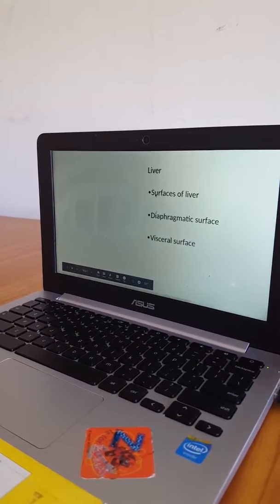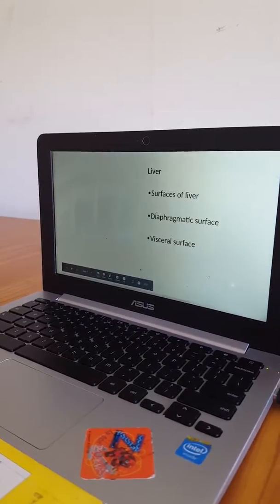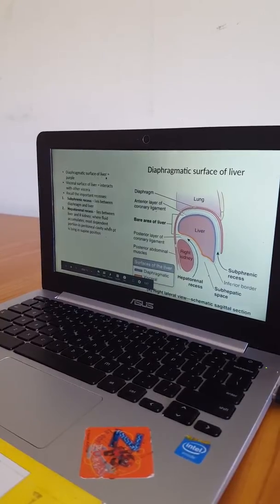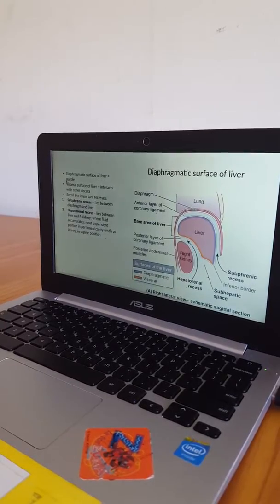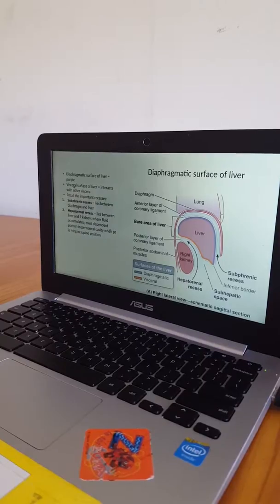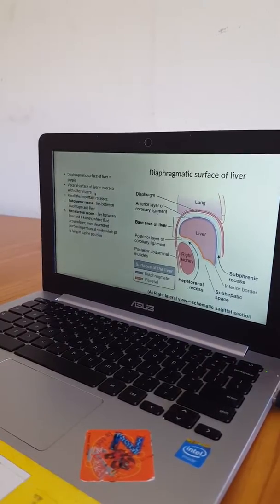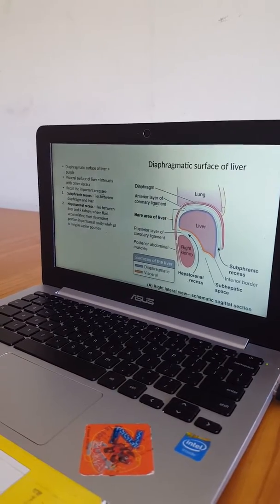The liver has surfaces: the diaphragmatic surface, which is facing the diaphragm, and the visceral surface, which is facing the viscera. The diaphragmatic surface of the liver is purple, and the visceral surface of the liver is interacting with the other viscera. Now, what are the recesses?